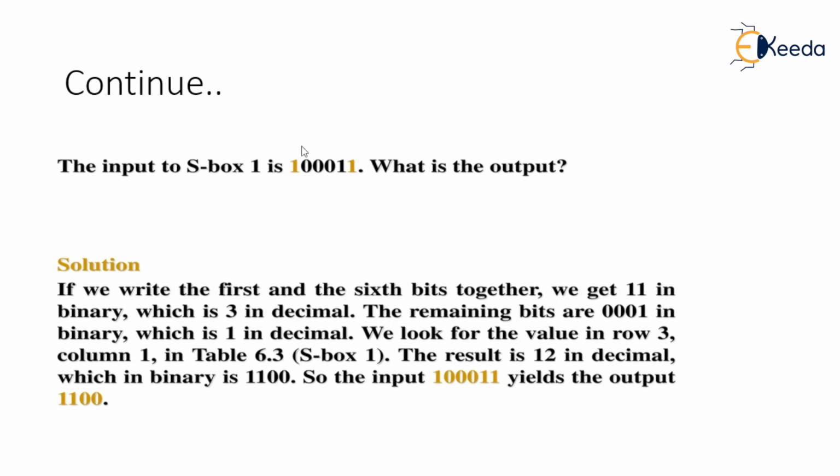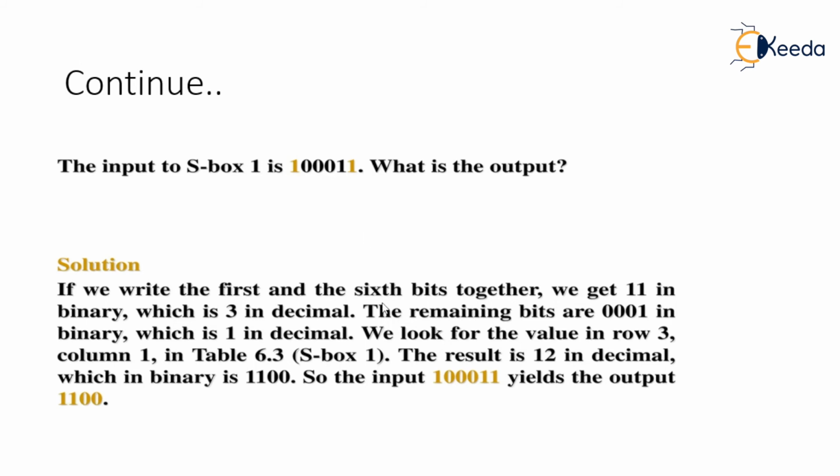If we write the first and the 6th bit together, 1 and 1, that gives the binary 11, which is the decimal 3. The remaining bits we can consider as 0001, which is the decimal 1.